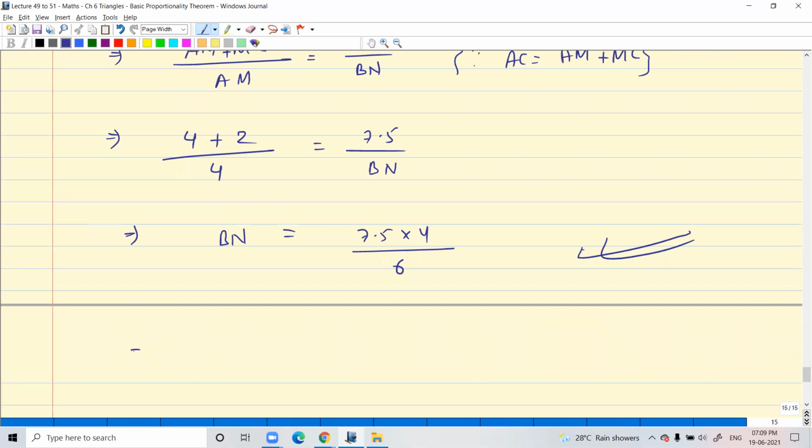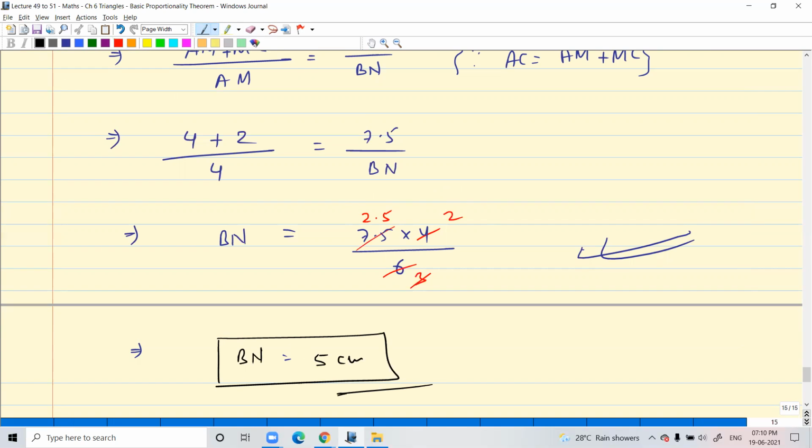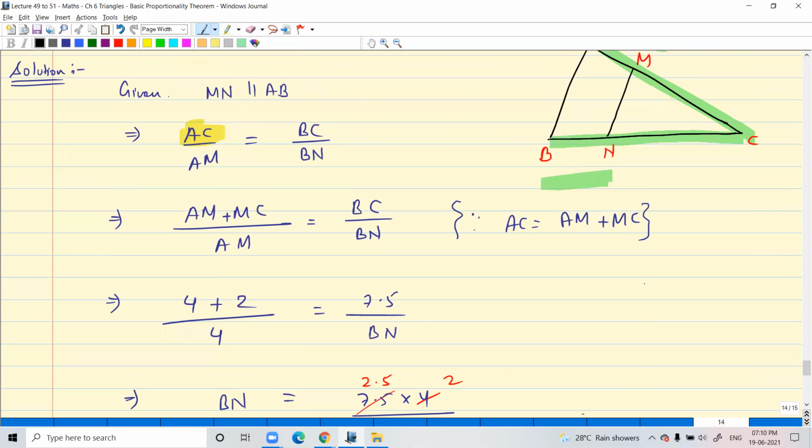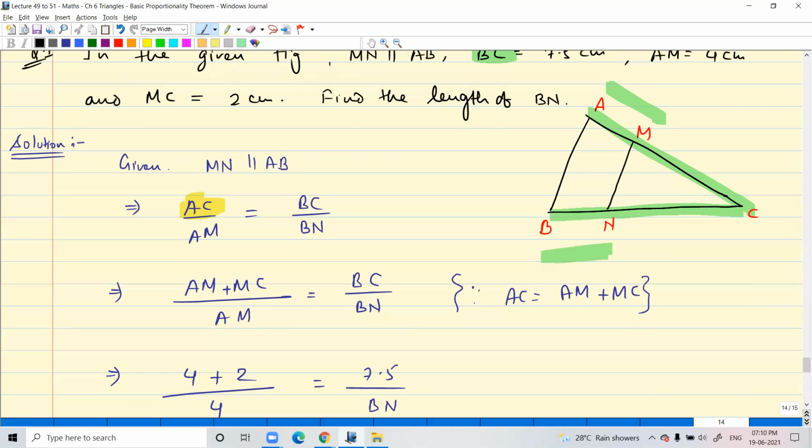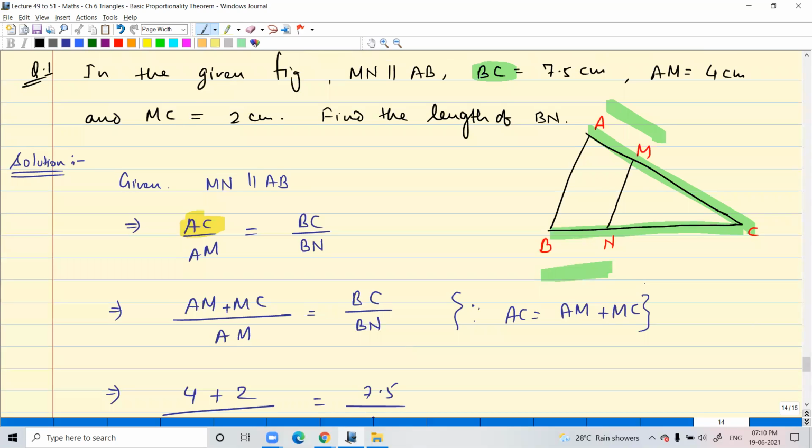All right, so BN becomes 2.5 into 2, which is nothing but 5. So practice, and you can try to make it even shorter, however you like, okay?